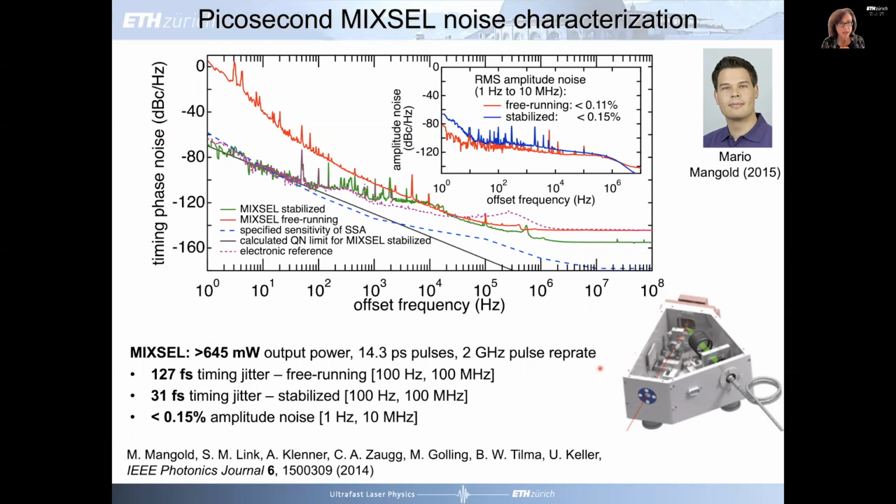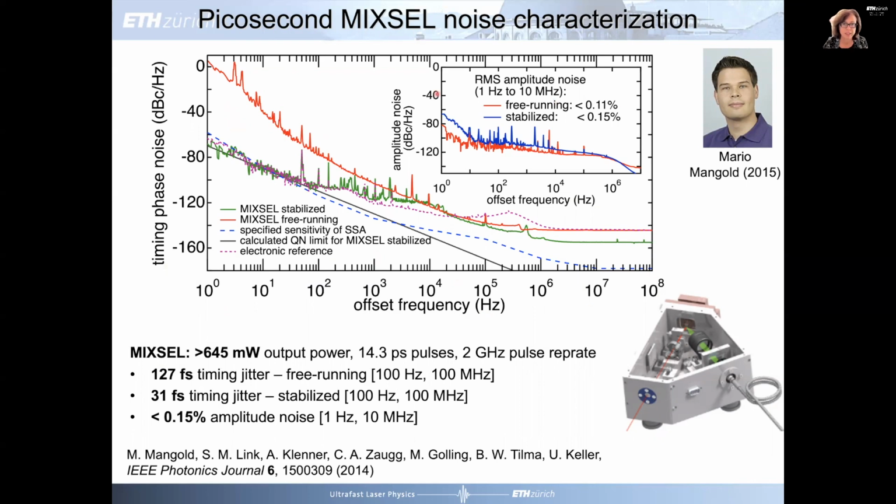These mixel lasers are extremely low noise, and that goes all back to the high Q cavity. This shows you the timing jitter noise. This is the fluctuation on the arrival time of the pulses, or the fluctuations on the frequency comb position. It's a pretty busy slide, but let me just give you a highlight. This is the noise power spectral density as a function of frequency, showing at what frequency the noise fluctuates.